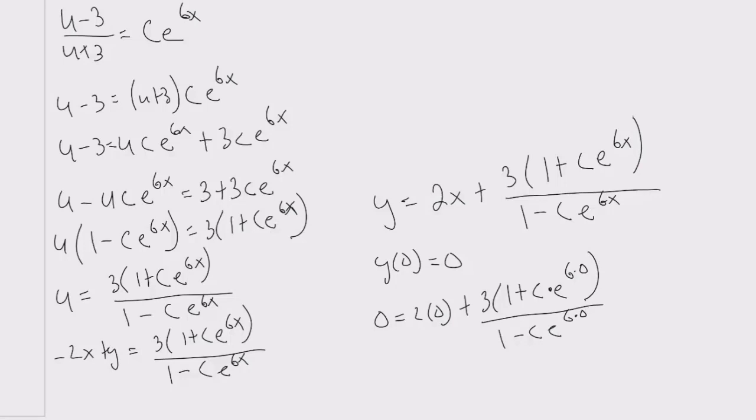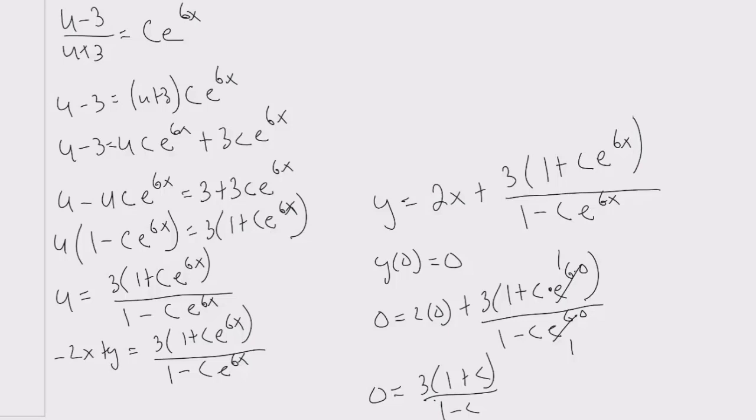So that's e to the 0 power, so both of these become 1. So we're left with 0 equals 3 times (1 plus c) over (1 minus c).